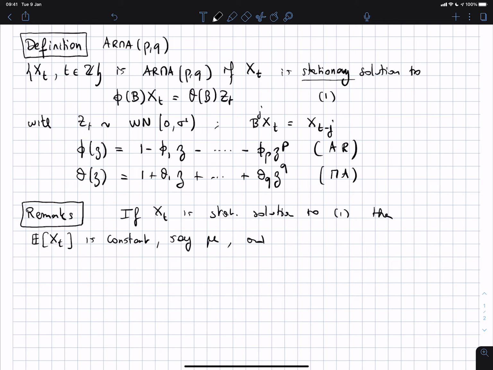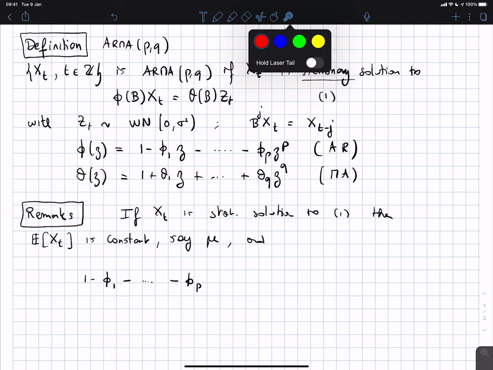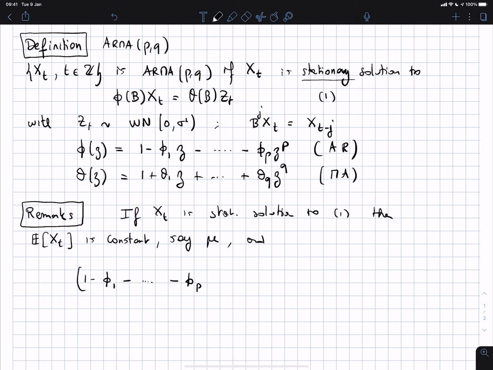It must satisfy, if you look at the expectation on this side, what you're left with is (1 - phi_1 - ... - phi_p) multiplied by mu, because it's just expectations of X_t's at various times.